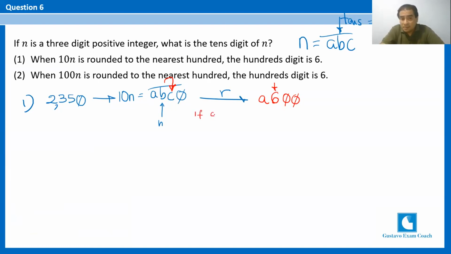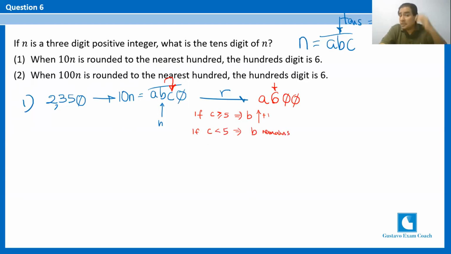So here we have two possibilities. If C was greater than or equal to 5, then B should go up 1 unit. But if C was less than 5, then B remains.